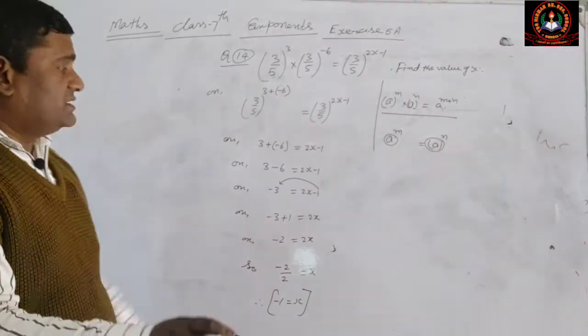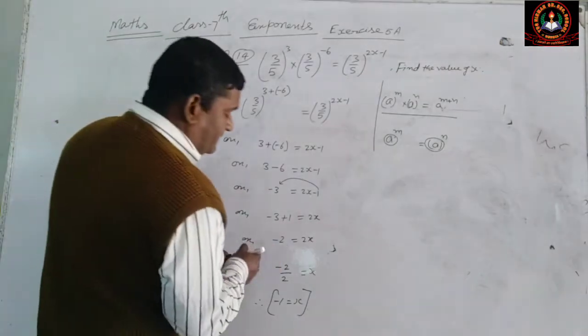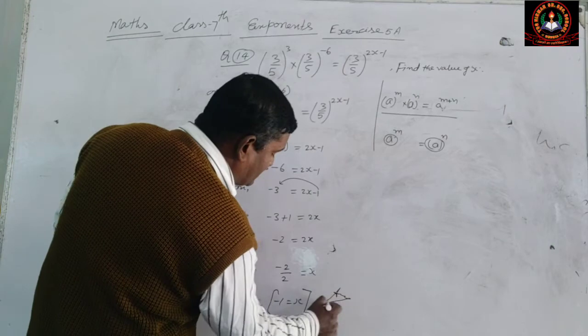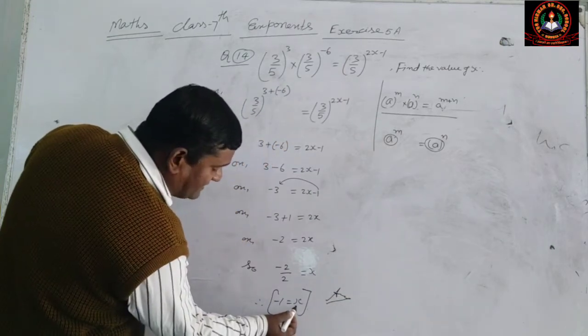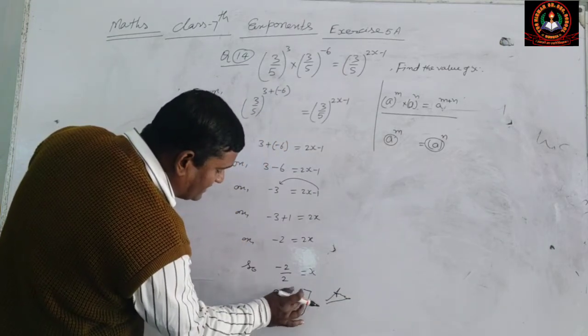It means the solution is right. Yes, it is the answer. What is the value of x? x is equal to -1.